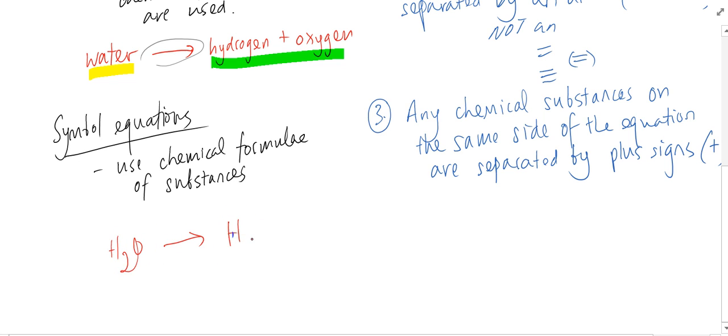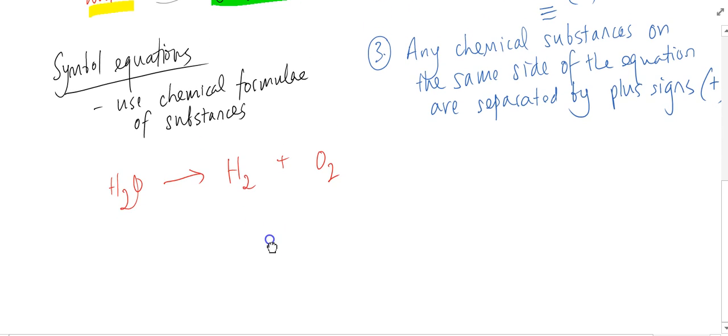Hydrogen exists as H2, and oxygen exists as O2. Now, another thing that I should add, that with the symbol equations, we have to balance the chemical equations, and we'll explore this idea of balancing chemical equations in later videos on this topic. But it's not just one water molecule splitting into one hydrogen molecule and one oxygen molecule, but it's two water molecules splitting into two hydrogen molecules and one oxygen molecule.